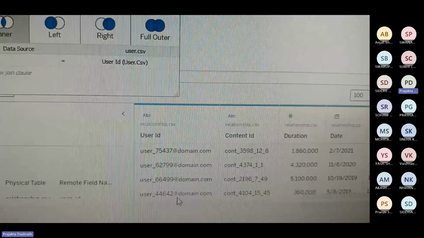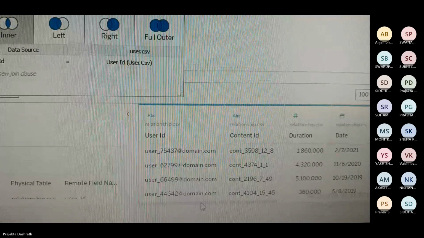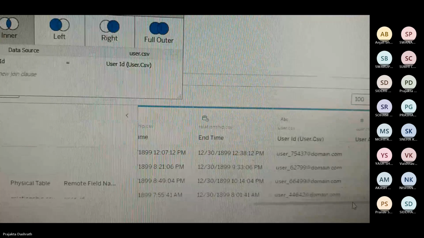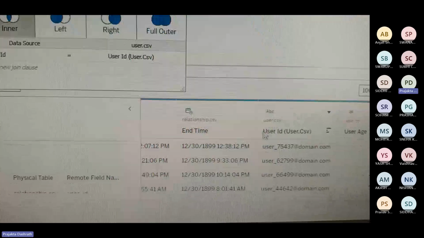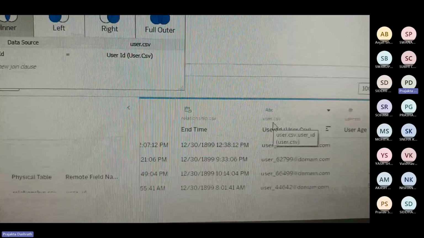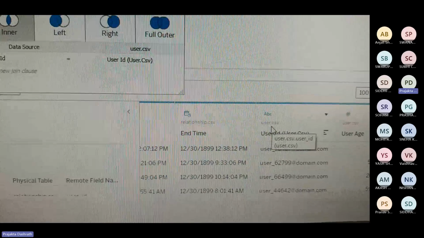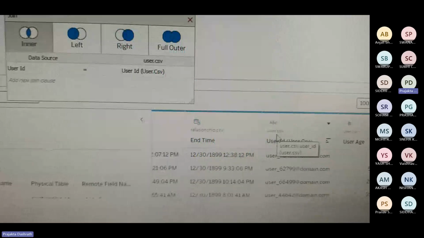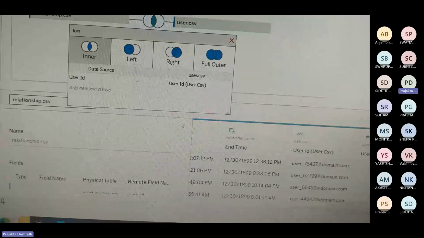And now this is user ID in the table user.csv. Yes. Shall we proceed? Now, why I have gone through this join?